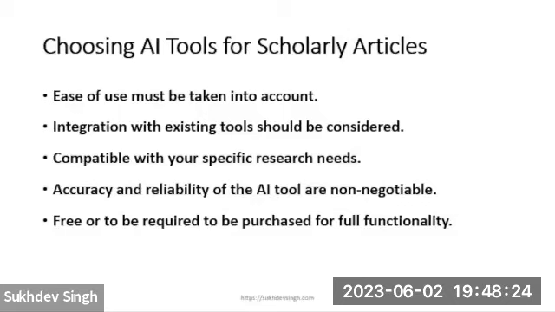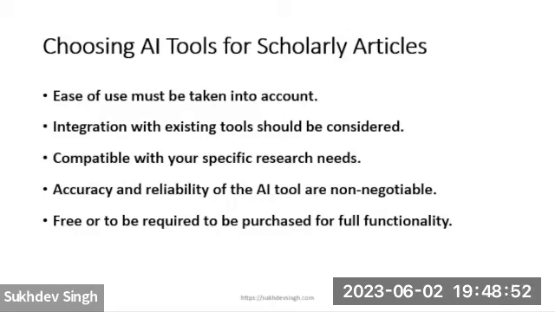Another one is that the tool you select should be compatible and able to be integrated with your existing tools. If you are using a tool for a database of your references, then you need to select an AI tool that you can export from and import to that database.